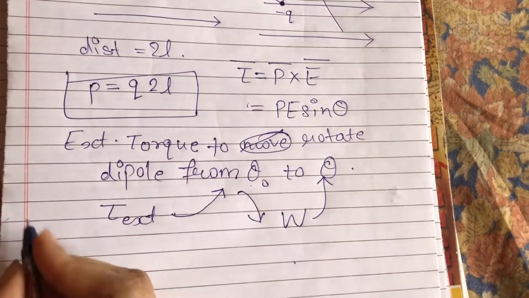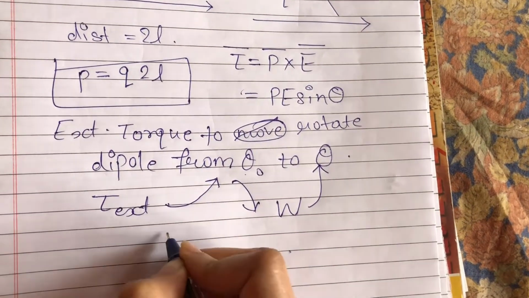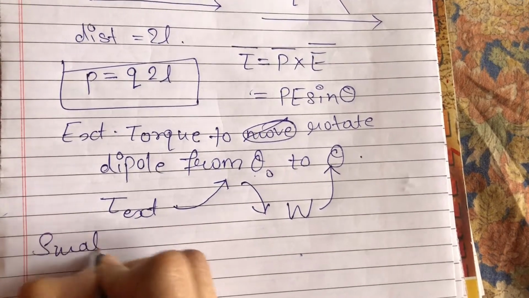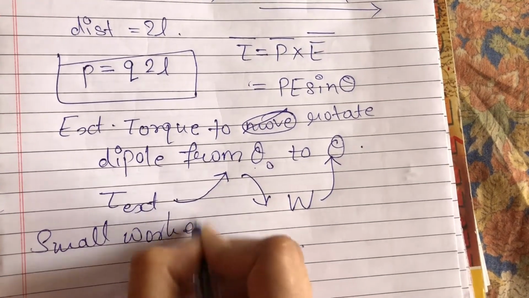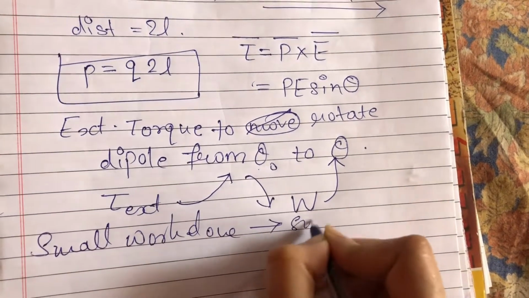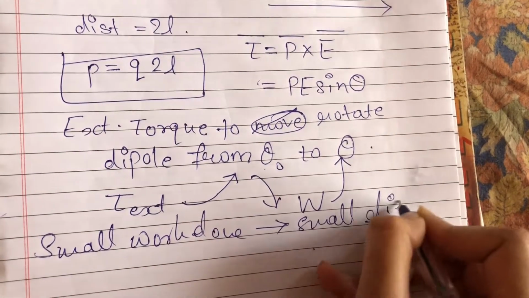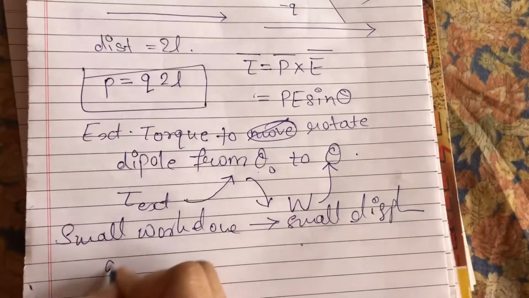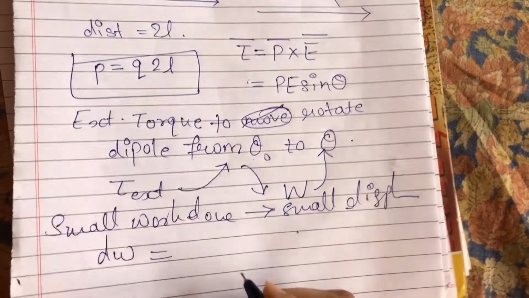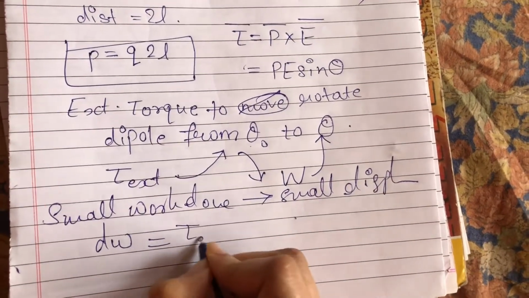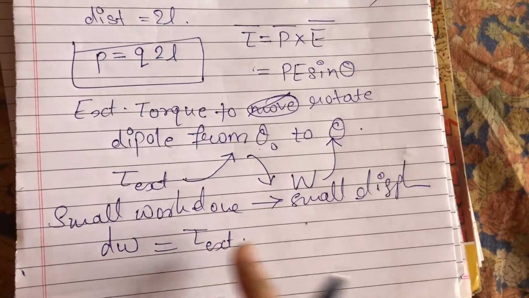First we'll find the small work done for a small displacement. Small work done will be dW. Work done is force into displacement.